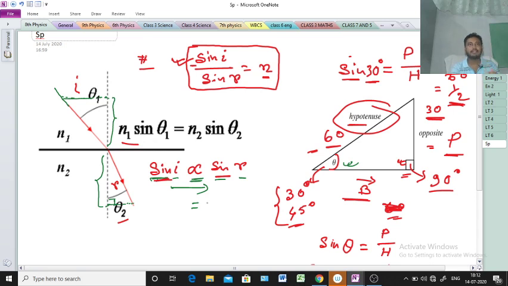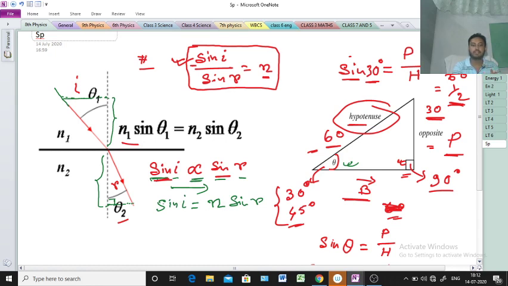Basically, a constant is nothing but a number. Constant কি জিনিস? Constant is a number. Let's say the name of this constant is n. So the equation will be sine I equal to n sine r.